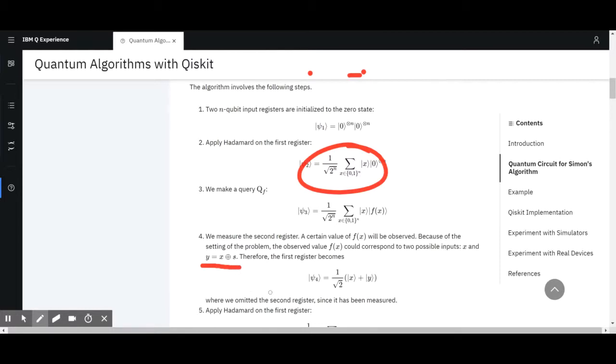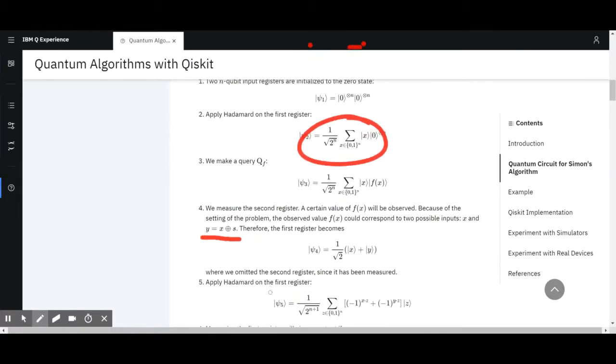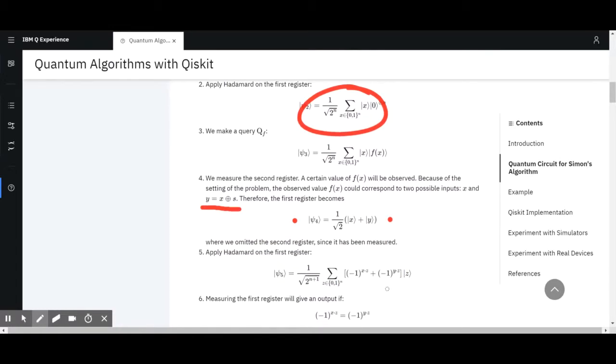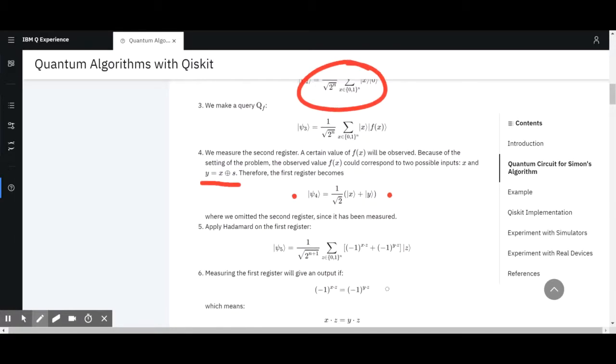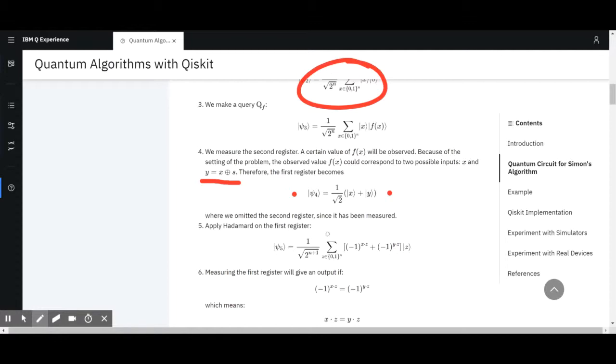Therefore, the first register becomes... Ooh, okay. Where we omitted the second register since it has been measured. Apply Hadamard on the first register.